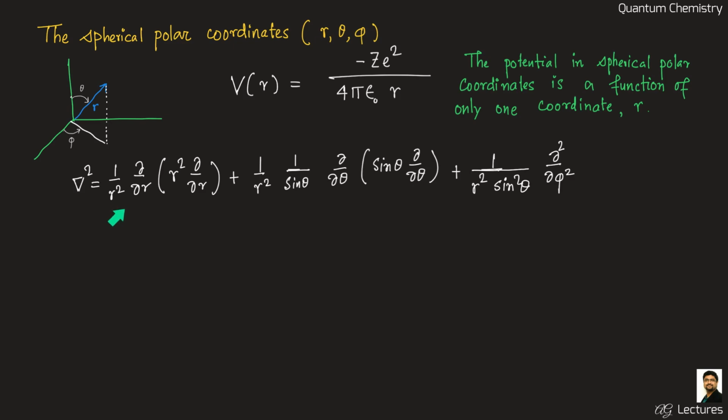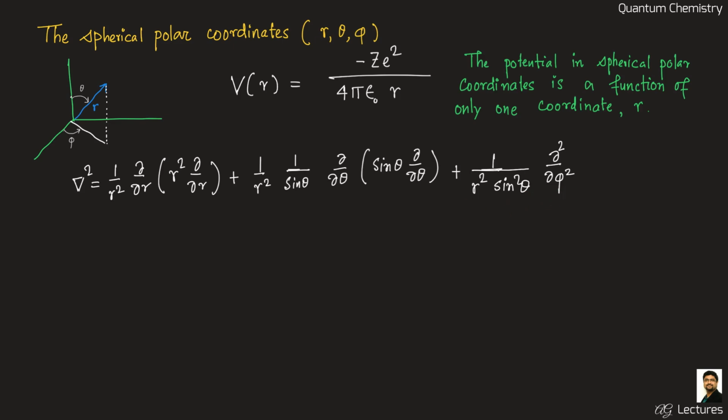On a first look, it might seem that now the Laplacian cannot be split into three coordinates r, theta, and phi because of terms like the r square and sine theta that are coming along with the theta operator and the phi operator. But if we look properly, the operator parts, which are the r operator part, the theta operator part and the phi operator part, are separated.